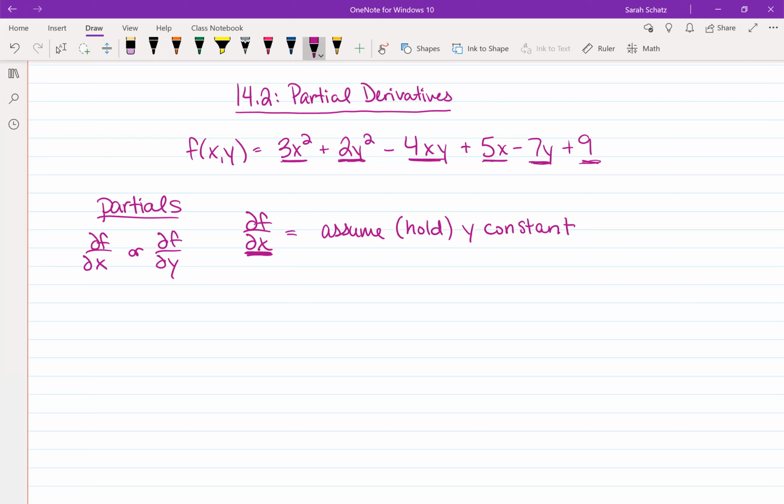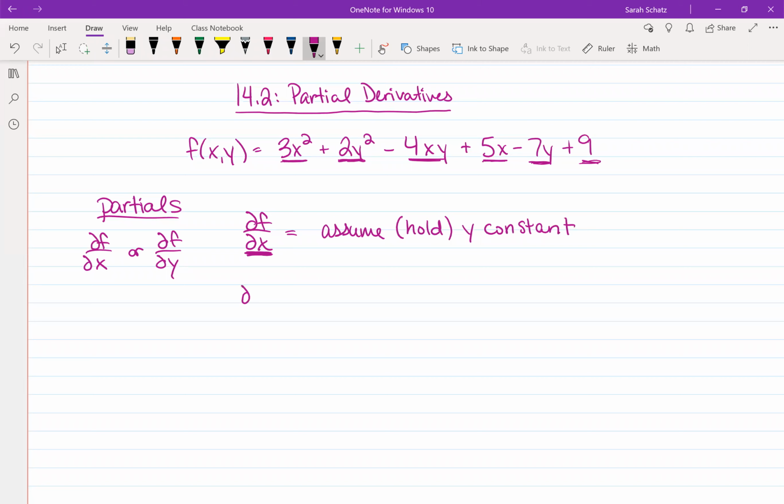It's like looking at a function and saying, okay, this function is changing in relation to both x and y, but I just want to see how it changes in relation to x, assuming that I hold y still. So I'm holding y still, and I'm looking at the change with respect to x. This is what I'm going to do here.